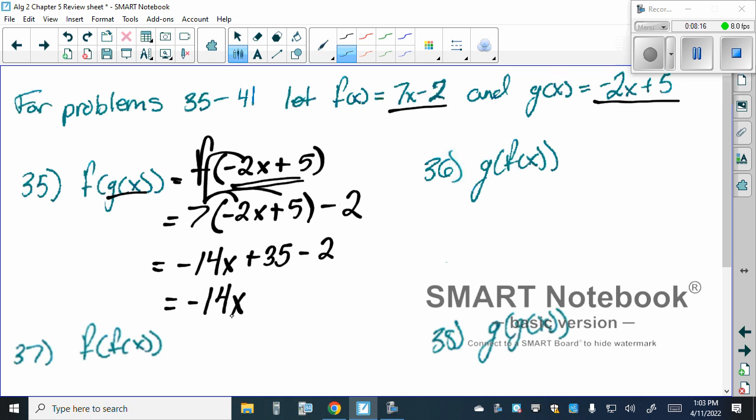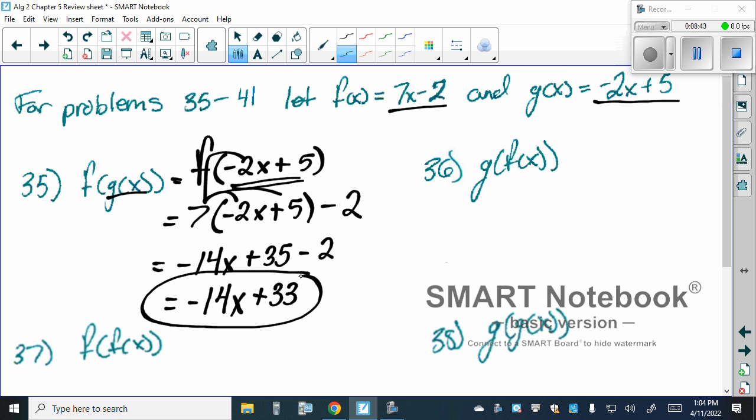If we combine like terms, our 35 minus 2 is going to give us plus 33. So we'd get negative 14x plus 33. Any other questions on 35? Any questions on 36, 37, or 38?